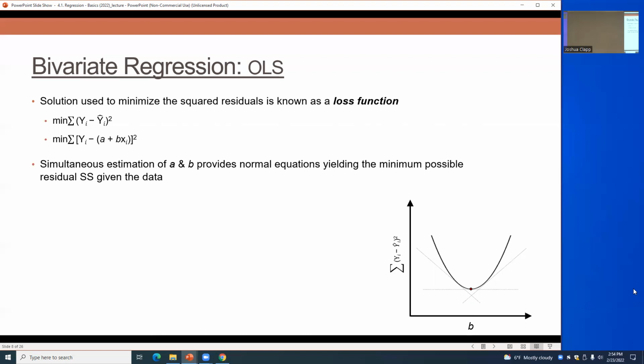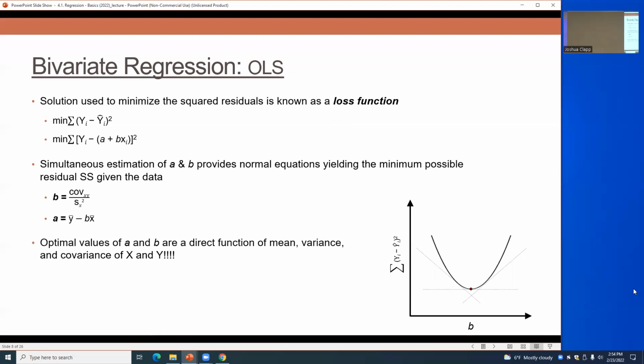And then if I keep increasing my slope, it gets worse and worse. So what I'm trying to do is find the minimum value for that function, which is where I'm going to set my regression coefficient here.